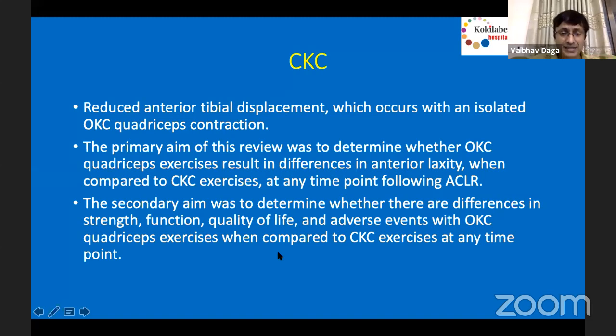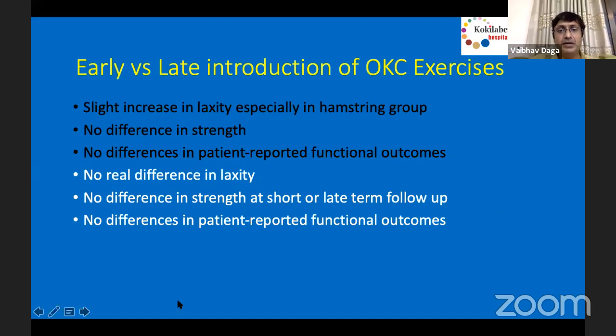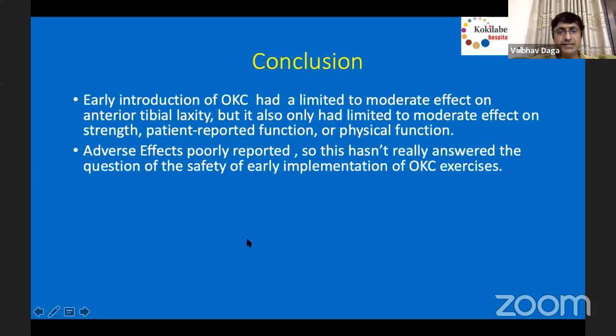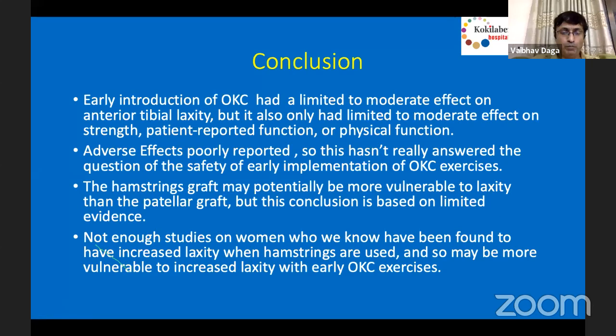So they did the study, and the conclusion was basically this: it is not dangerous if it is done in a proper way, with whatever evidence is available. Hope that answers your question.